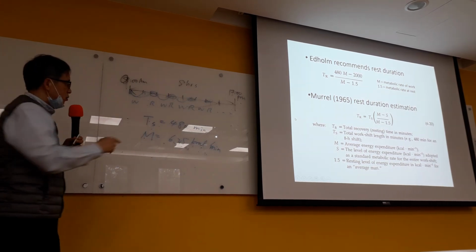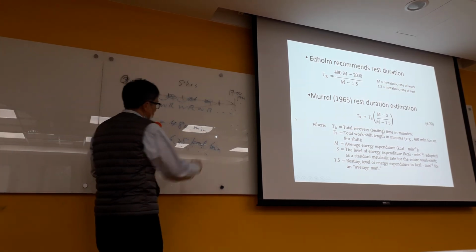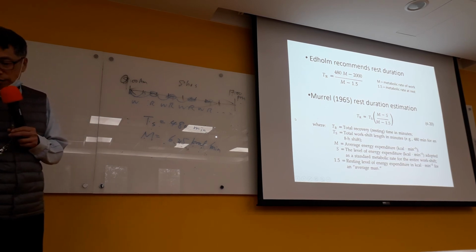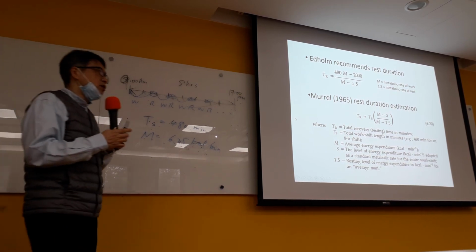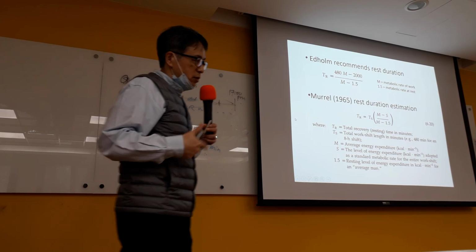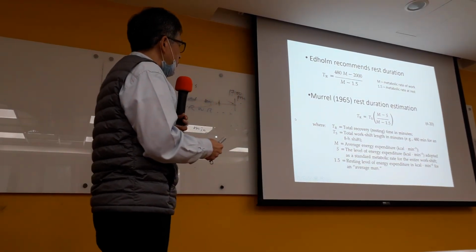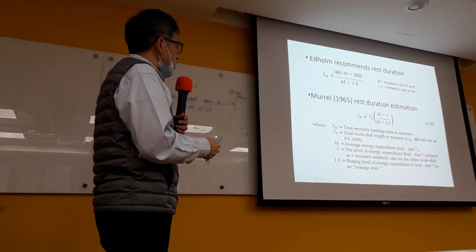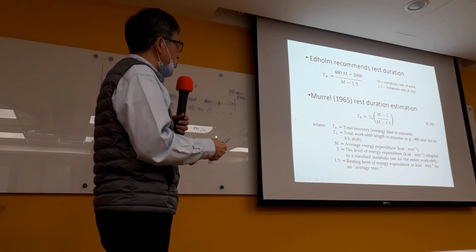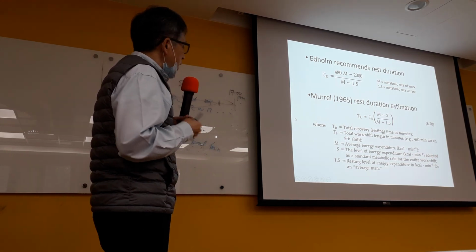Now we have an example which is 6.25 kilocalorie per minute, this job. And suppose that guy is working continuously. S is the level of energy expenditure adopted as a standard metabolic rate for the entire work shift. So S is the standard.